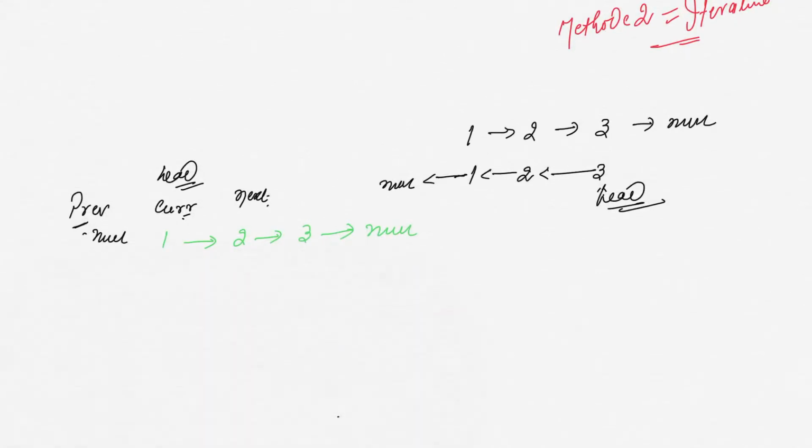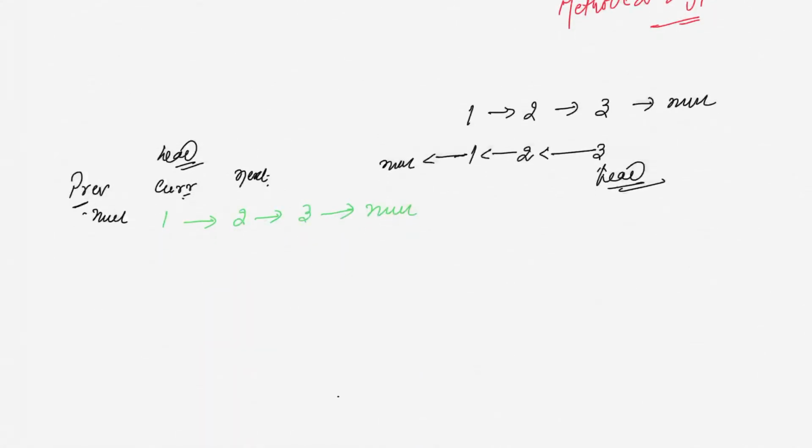Here we will ask current to point to the previous node, and then we will move next to here, we'll move current here, and then we are going to move previous here, and we can remove these references.